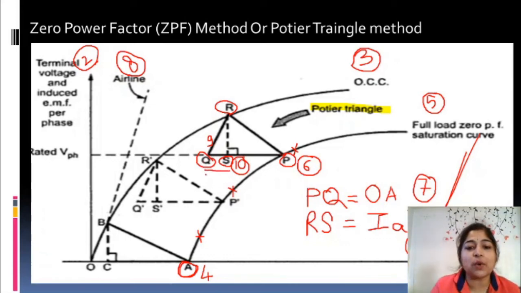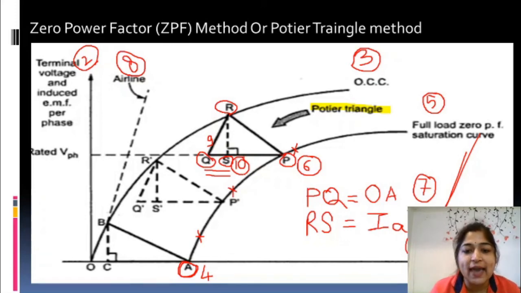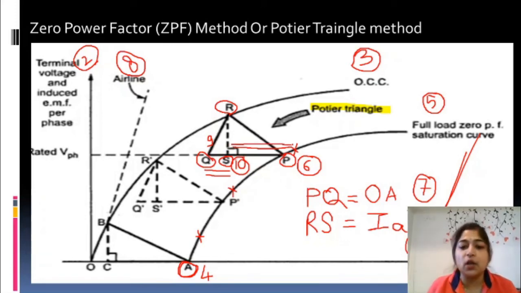Length QS is the field current required to overcome the effect of leakage reactance. What is SP? SP is the field current required to overcome the effect of armature reaction. I hope this is clear.